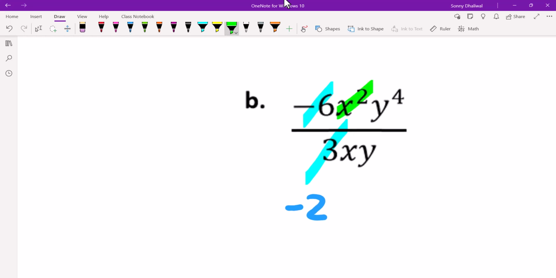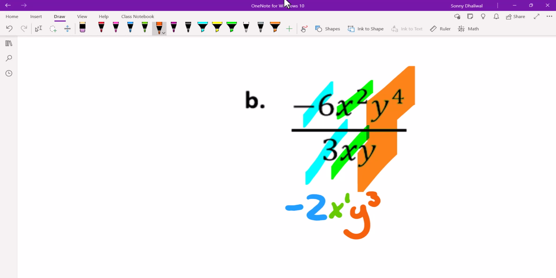Oh, we have an x here and an x here. 2 and a 1. x¹, we're subtracting. Dividing, we're subtracting. x¹. I'll put the 1 in this time. Y and y. What should the exponent for the y be? 3. Okay, that's it.